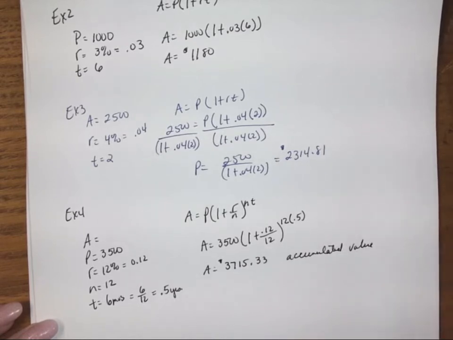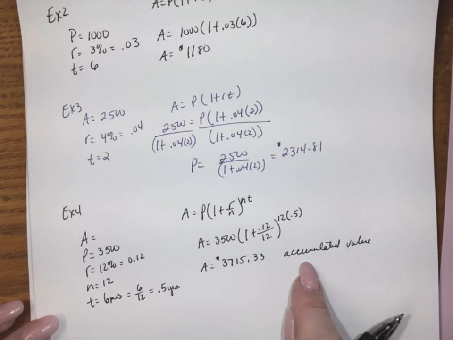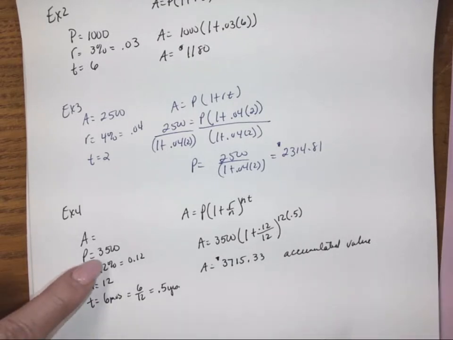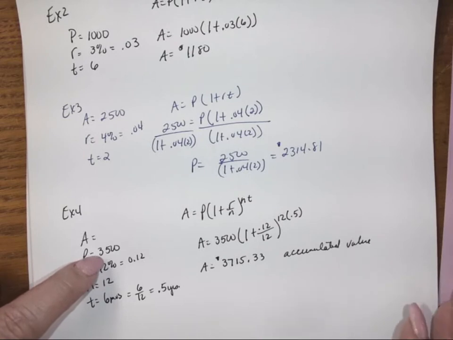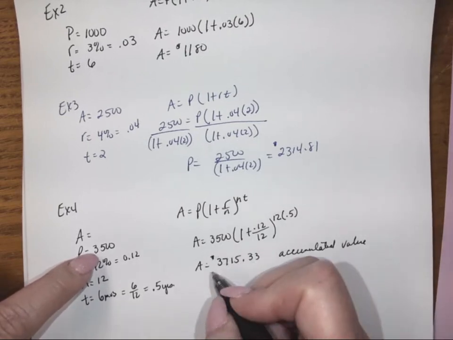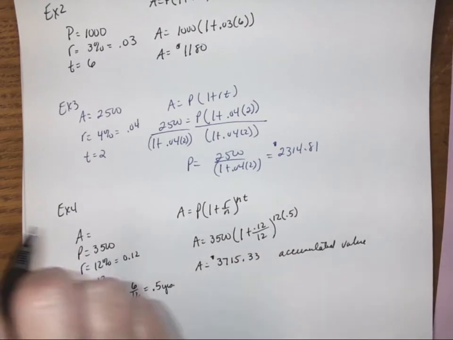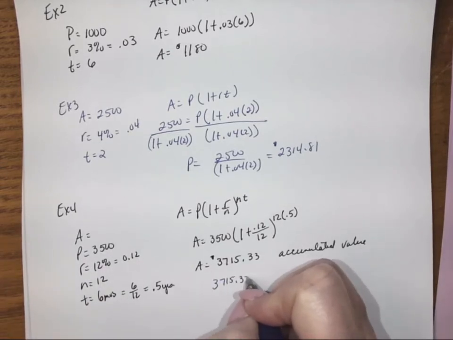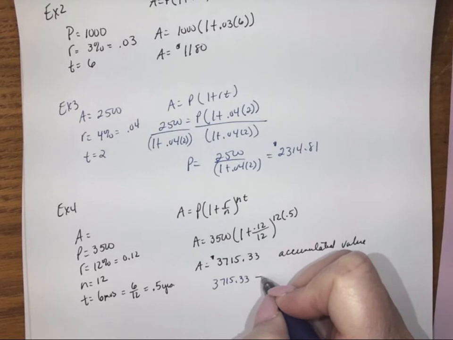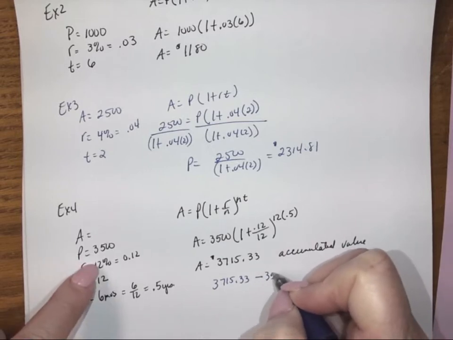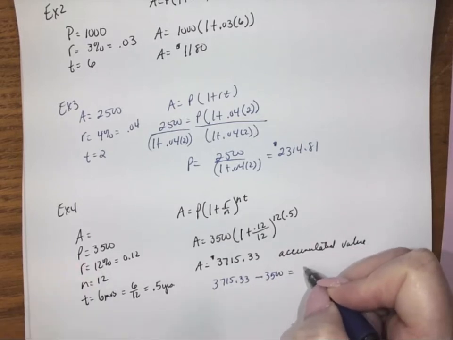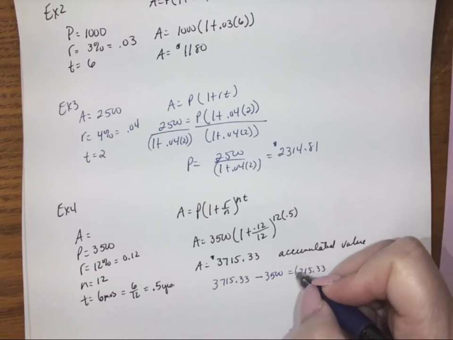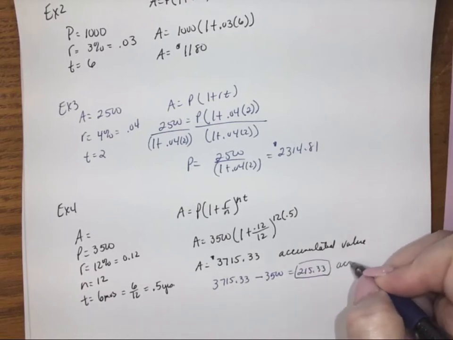Now, to find the interest, we need to take the accumulated value and subtract out the original principal to find how much we actually accumulate in interest. So we're going to take 3715.33 and subtract out our original principal, which will get us $215.33, and this is the accumulated interest.